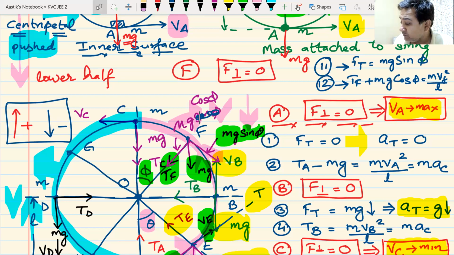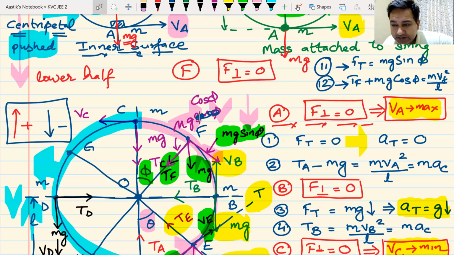So there are two things. Whatever we do in this question, every time we will be asked about either velocity, or tension in this case, or normal reaction in other cases. These are the two things that we must be concerned about.